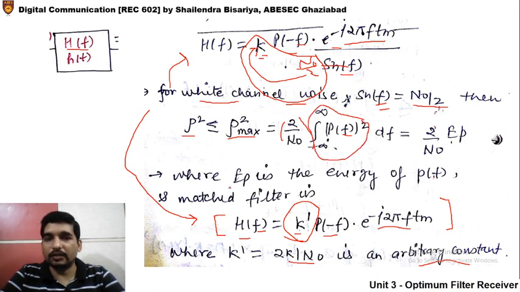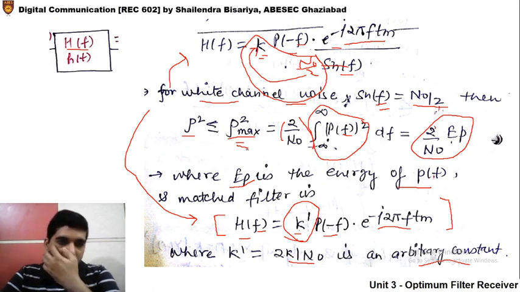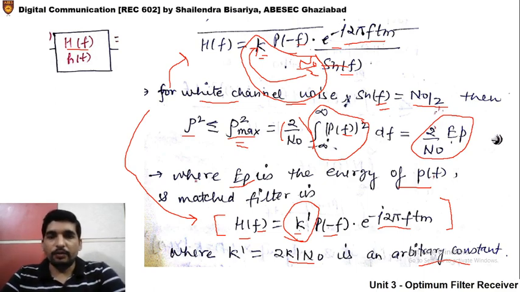Let us say the energy of the signal is denoted as Ep, the energy of p(t). So we can write it as 2 by N0 into Ep. It is the maximum value of signal to noise ratio. Okay, I hope this is clear. Now let us proceed further.